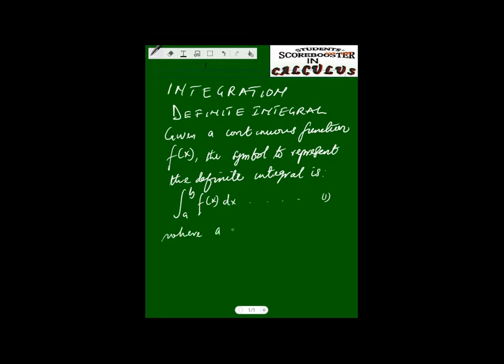where a is the lower limit and b is the upper limit. So the solution to equation 1 is as follows.